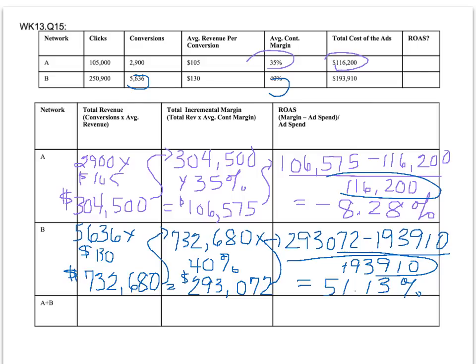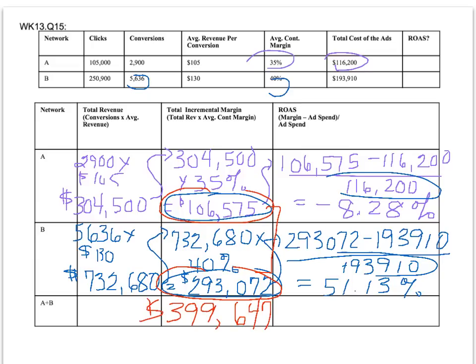So let's execute our formula again by taking the total. Our totals here in terms of incremental margin, if you add these two numbers together, you're going to get a total incremental margin of 399,647. Plug that into the formula here.